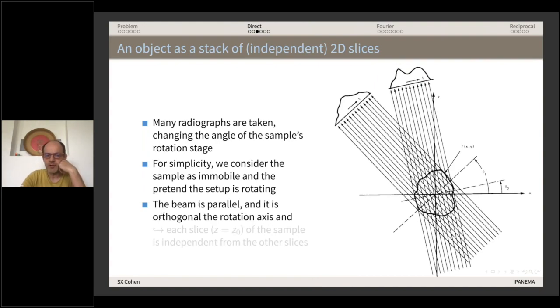What is also important is that the beam is orthogonal to the rotation axis, and here I depicted just a section of the system.